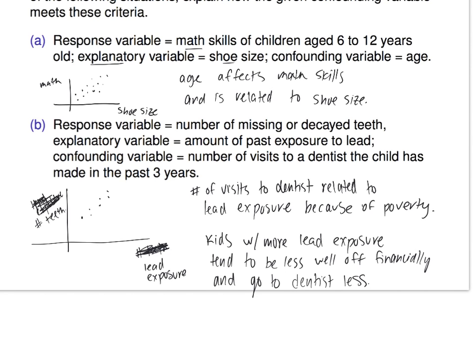But the point of those questions really is to get you to understand that there can be confounding variables and what some examples of them are.